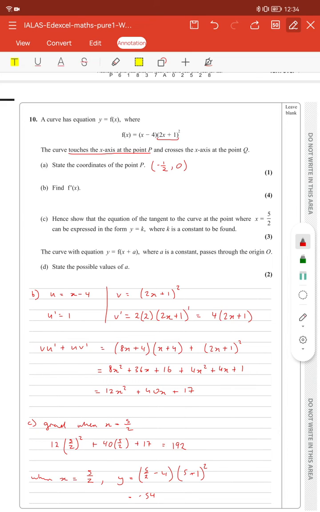I'm just going to check that we've done this absolutely correctly. So we've got uv dash. Oh no, we haven't.